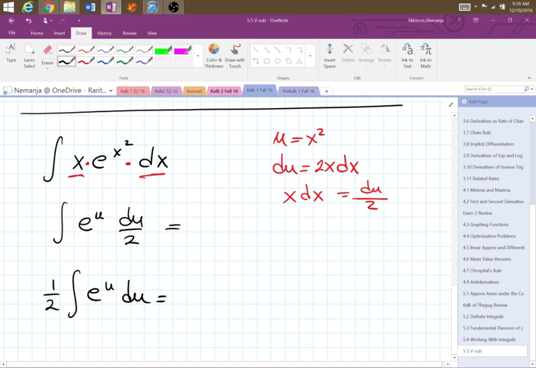I needed that 2 there, so I can either fix it by putting the 2 and a 1/2 in front, or you can say, what do I have? X dx? Peel this off, du over 2, plug it in, and then pull the 1/2 in front. Whatever method makes more sense to you, use it. So now, what's the integral of e to the u?